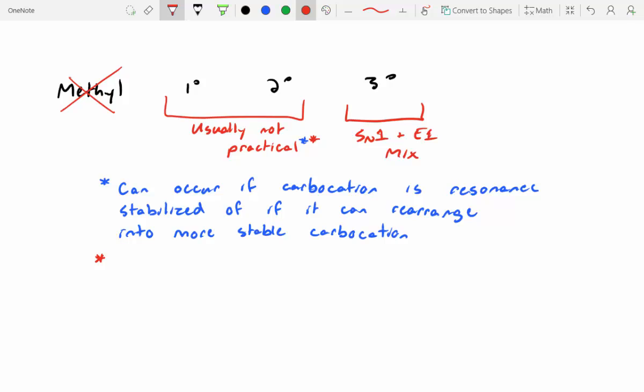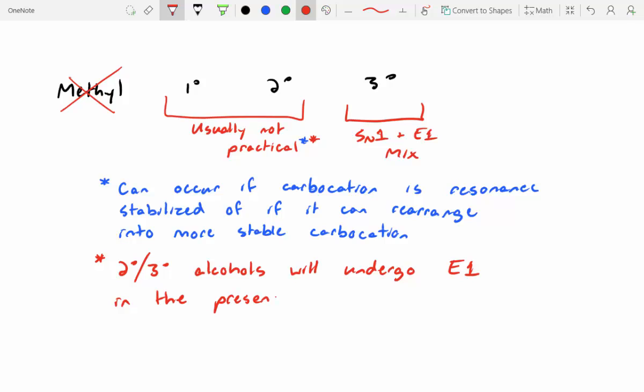So secondary, actually, let me do secondary or tertiary alcohols will undergo E1 in the presence of acid catalyst and heat.